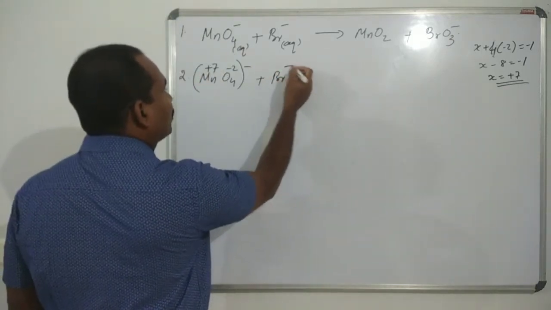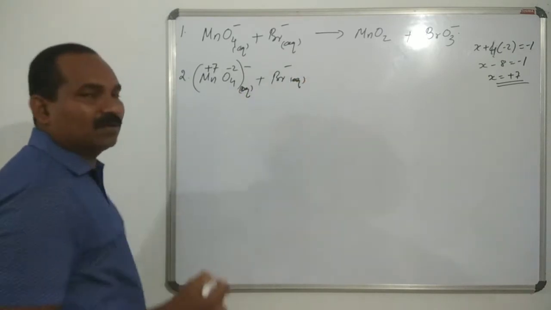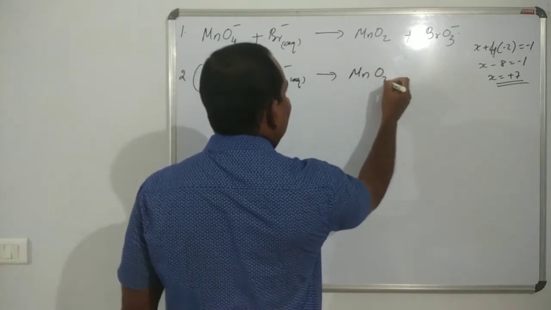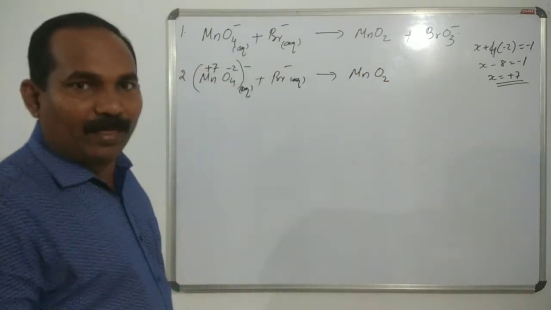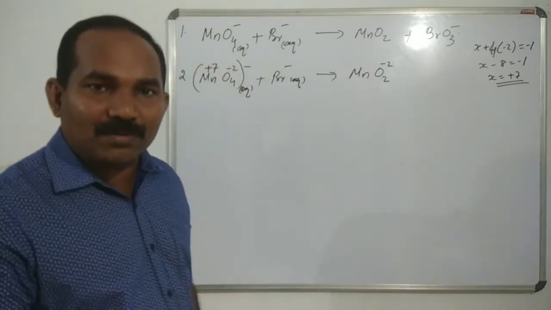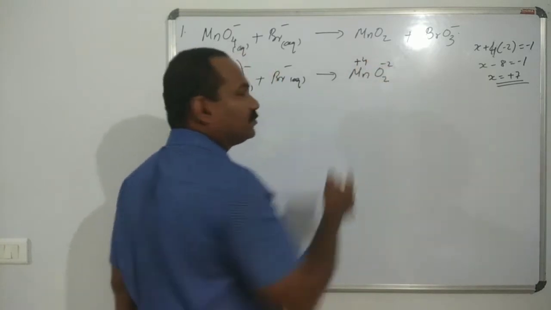Br minus is already in the oxidation number minus 1. It gives manganese dioxide MnO2. Oxygen is minus 2, minus 2 into 2 is minus 4. Minus 4 is compensated by plus 4.